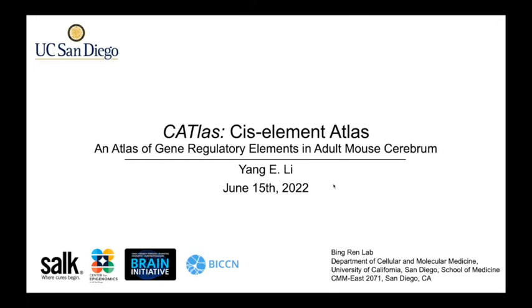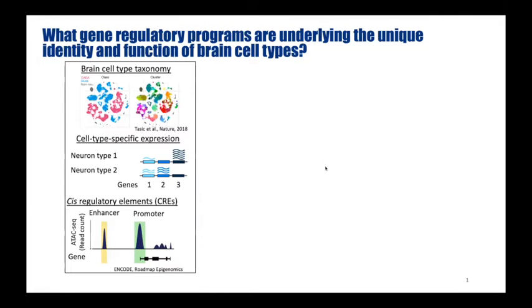So first of all, I'd like to give you a little bit of background. I will go through this very fast. I know there are a lot of tools already developed for single cell RNA-seq data, and there's no doubt that single cell RNA-seq data really opened our eyes to identifying new cell types, as well as evaluating the expression patterns of different cell types.